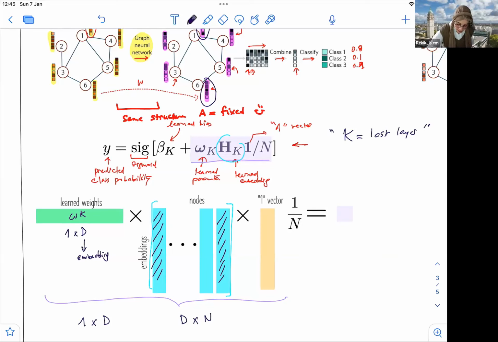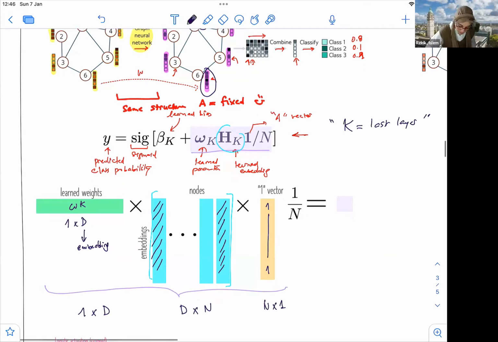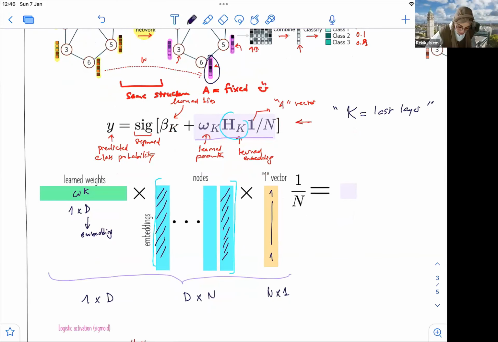And the one vector will be N times 1, okay? So this is all a bunch of ones. If we do the multiplication between these 3 elements, you can see that the D and the N cancel out, and we're going to get a 1 by 1 value, which is this value. So we're going to get a scalar out of this.